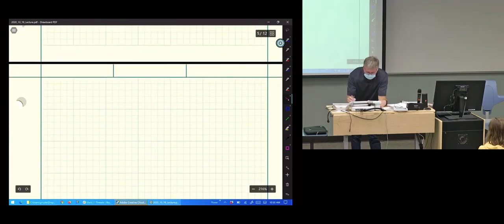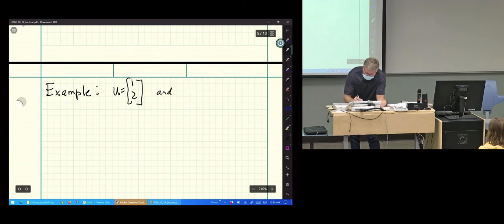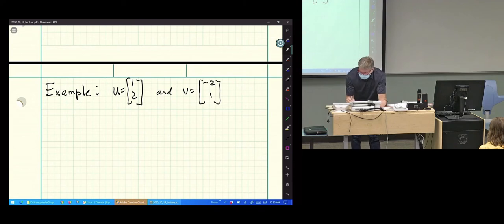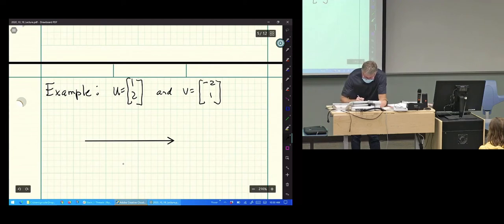Okay, so let's do an example of these things. We'll do it in R^2 so that we can picture clearly what's going on. So here's u, and then this is the v that I chose. This requires extreme measures when it comes to me doing a graph.